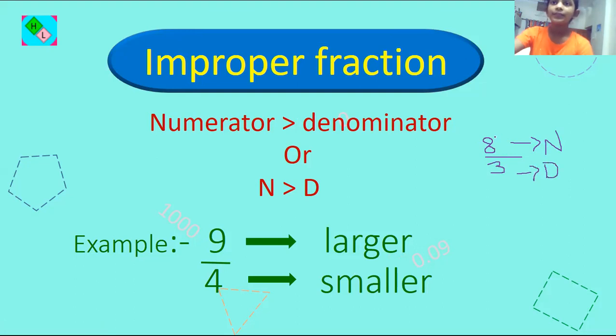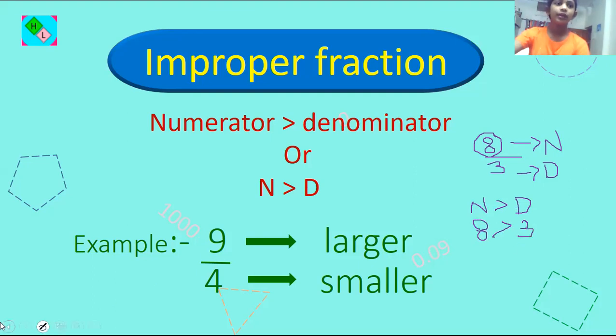Now 8 is bigger than 3. So here the numerator is greater than the denominator. In a proper fraction, the numerator was smaller than the denominator, but in an improper fraction, the numerator is greater than the denominator. So here 8 is greater than 3.